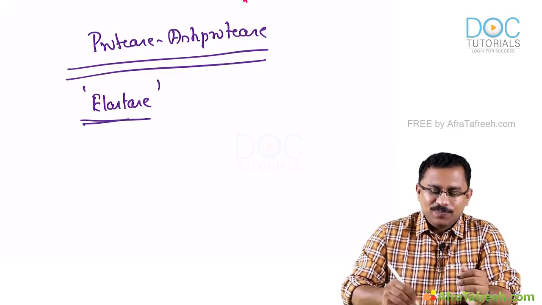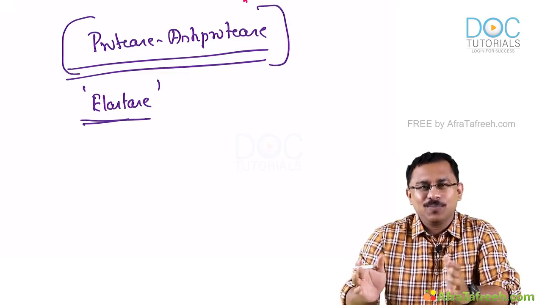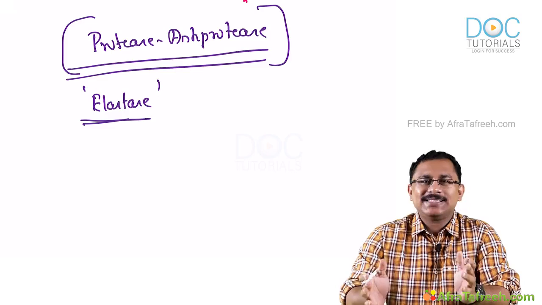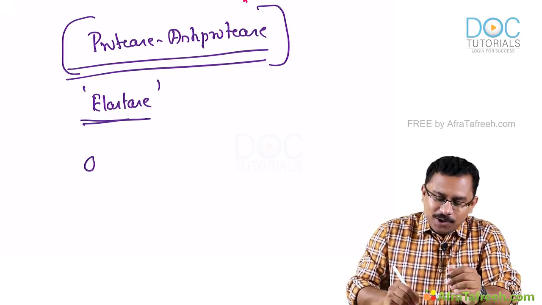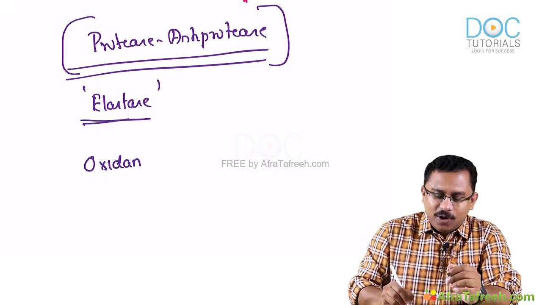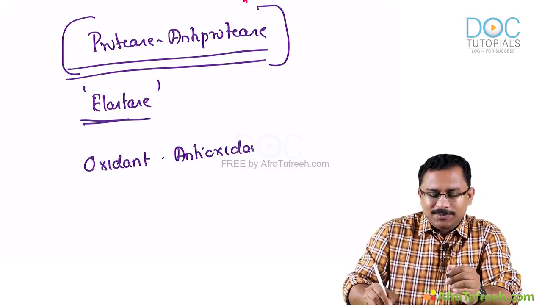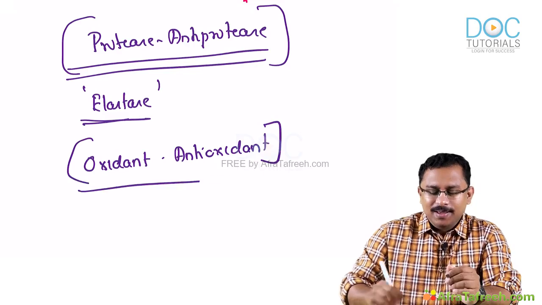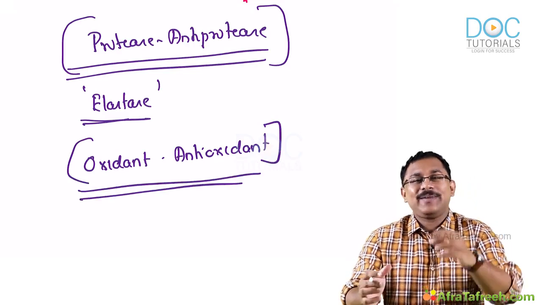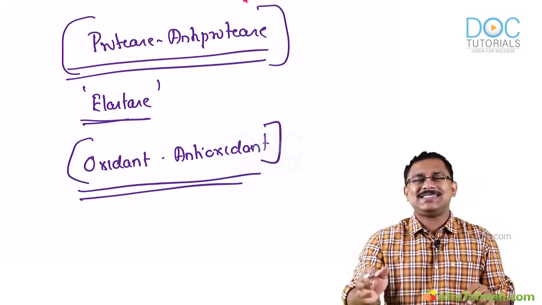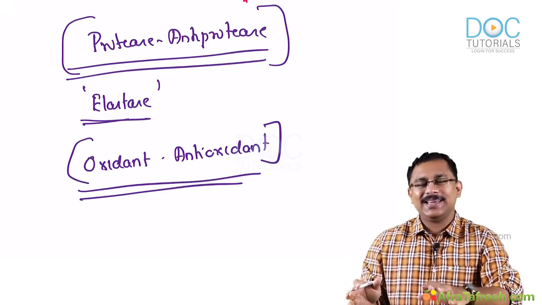So it is important to maintain a good balance of your protease and anti-protease. It is also important to maintain a good balance of your oxidant and antioxidant mechanisms. Otherwise, there may be some oxidant damage. So you have got to have a balance here.